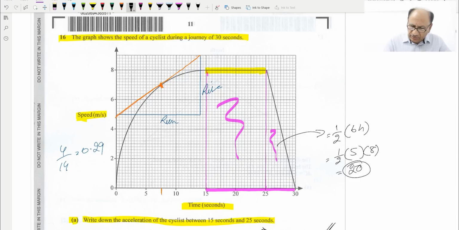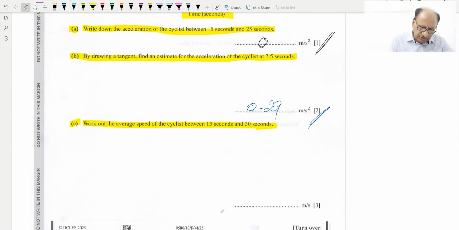Now for rectangle area, one side is 25 minus 15, which is 10, into the other side, which is 8, so this is equal to 80. So 80 plus 20 will be 100. So 100 will be the area. The duration is 15 seconds.